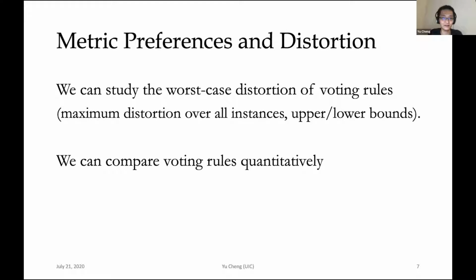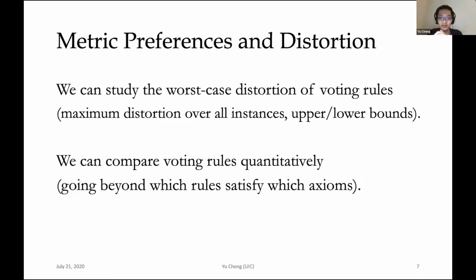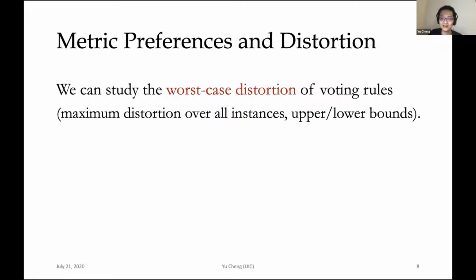Also, perhaps more importantly, it allows you to compare voting rules quantitatively. In the past, historically, we've often studied this through an axiomatic approach, like Arrow's impossibility theorem and so on. But this now allows you to say how much better a voting rule is compared to other rules, if worst case distortion is what you believe in. And this is exactly what motivates our work.